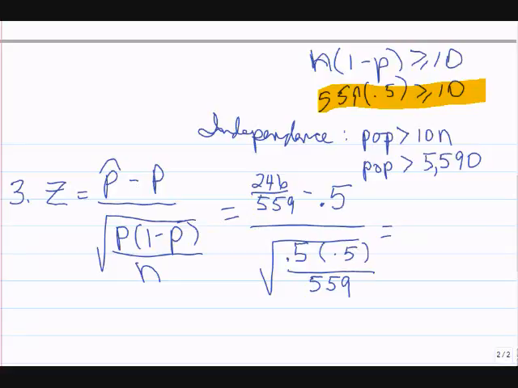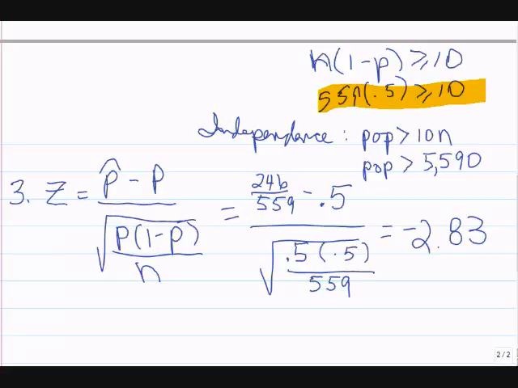I got negative 2.83. Negative 66. The negative 2.83 was the right one.